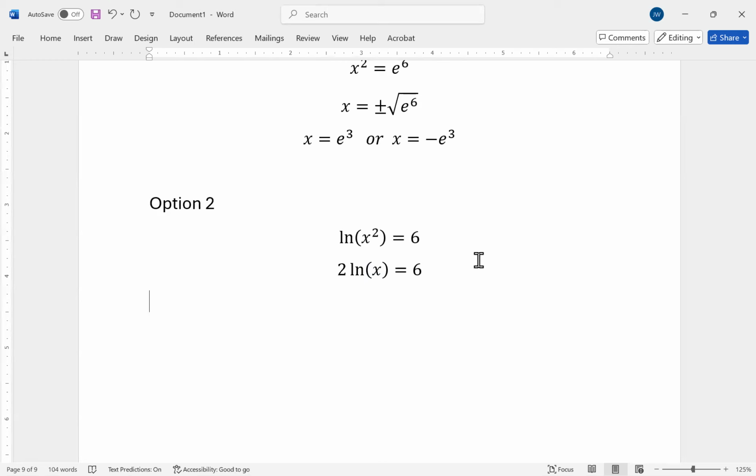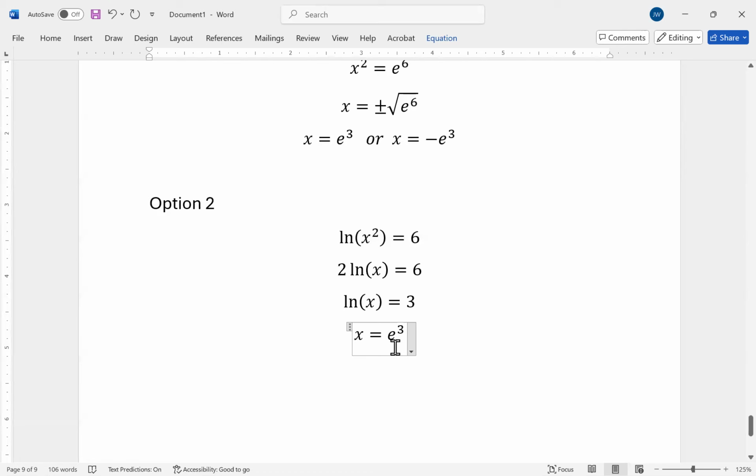Dividing both sides by 2 would give me a natural log of x is equal to 3, and then rewriting that would give me x is equal to e to the 3rd power. Notice that by going through option number 2, I only get the positive version of e to the 3rd power.